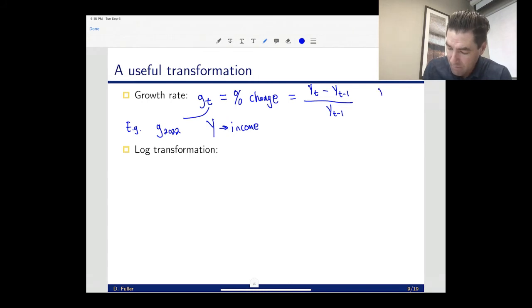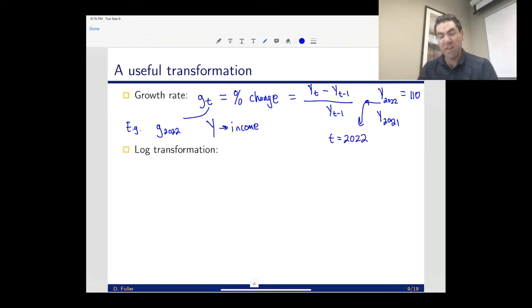So let's say Y in 2022, that's my T, was 110. I'll make this easy on us. And Y in T minus 1, 2021, was 100. So notice here, T is equal to 2022. It's just a number, right? So don't worry too much about the subscripts.